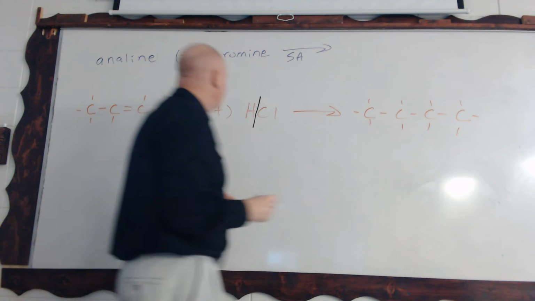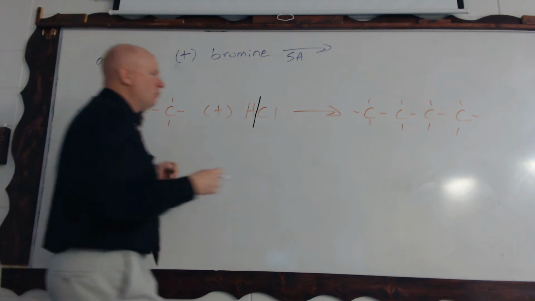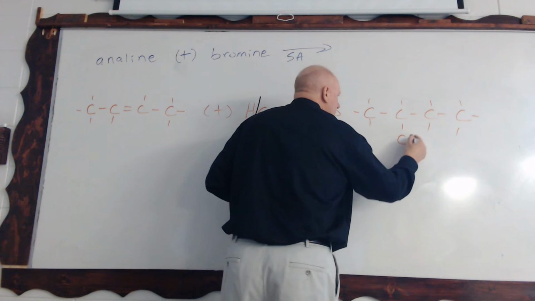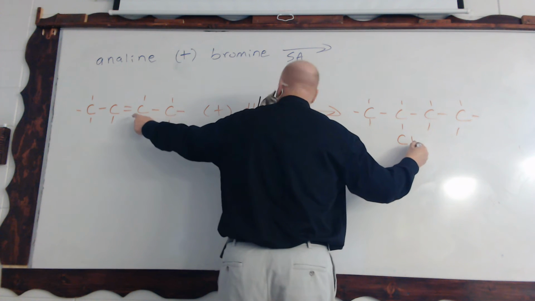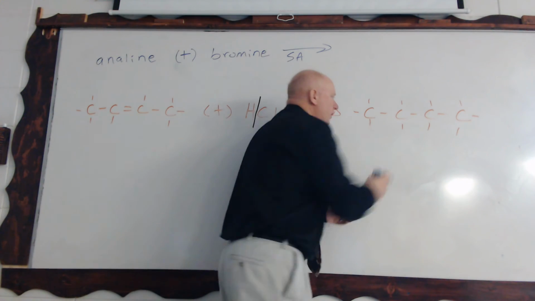And where would you like that chlorine to go? The second or third carbon, left or right? We can put that chlorine here, well, it should go up top with him so it mirrors what's on the other side.